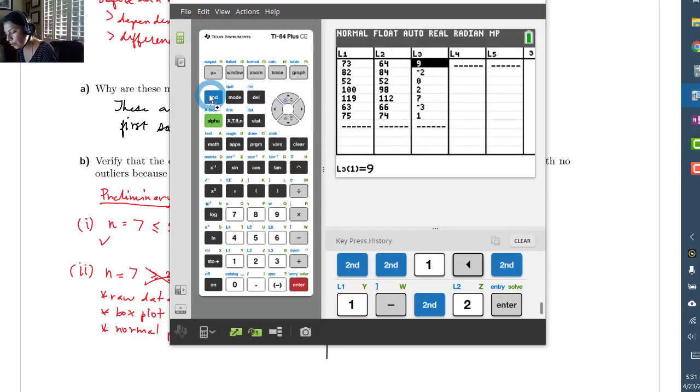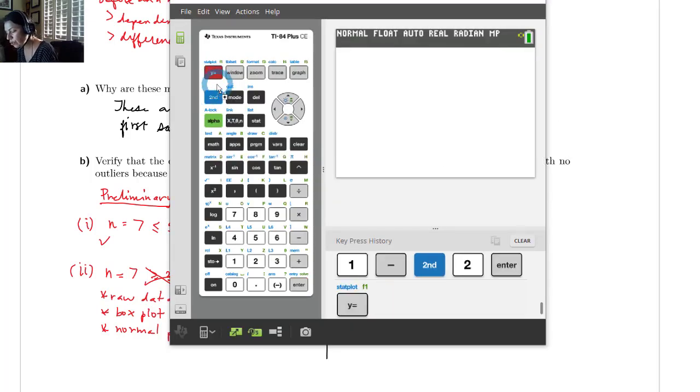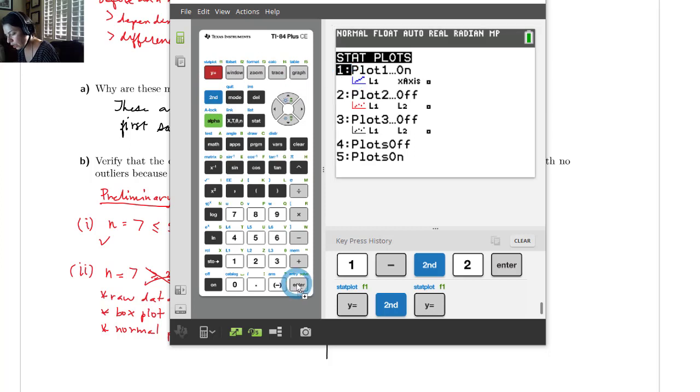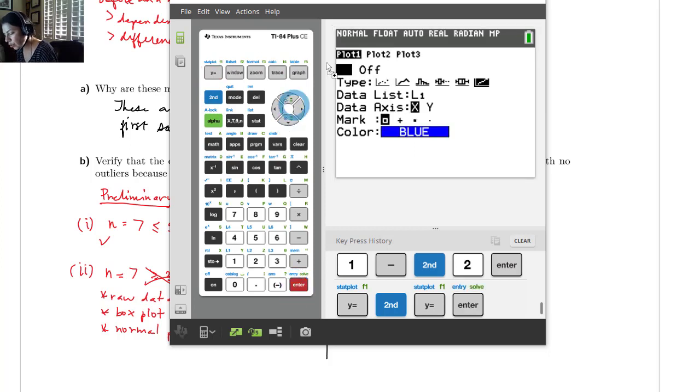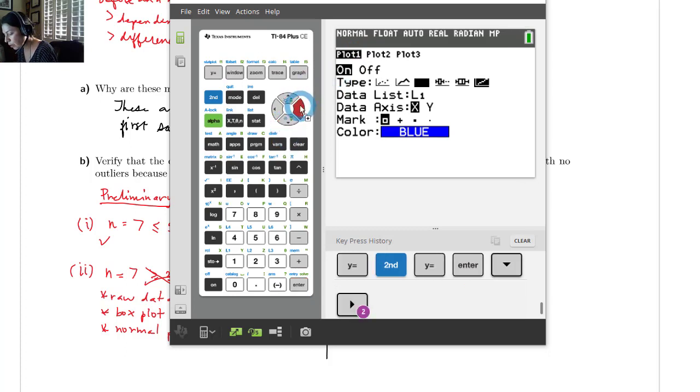Now go to y equals, make sure there are no graphs in there, and go to second stat plot and hit 1. Make sure you turn it on, so it's highlighted. Then go down and choose the box plot with outliers.